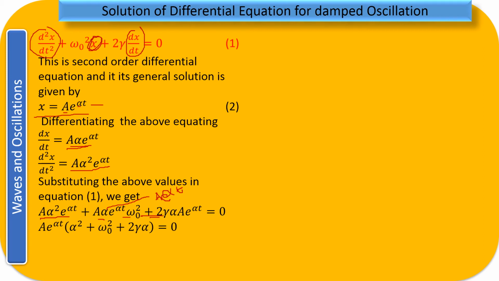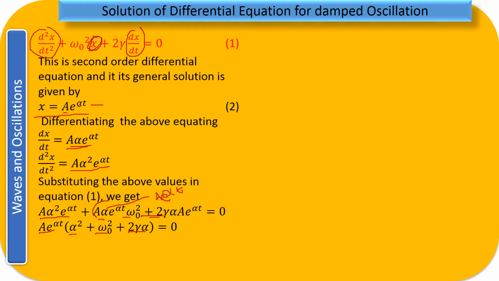Now what I am finding is that a e to power alpha t is common in all, because here also you have it. So a e to power alpha t is common in all, and what remains is alpha square plus omega naught square plus 2 gamma alpha, and this value is equal to 0.